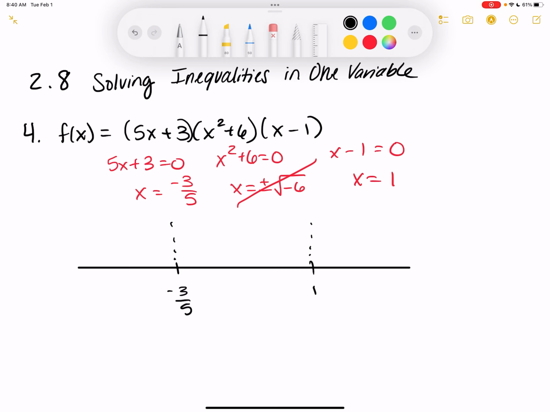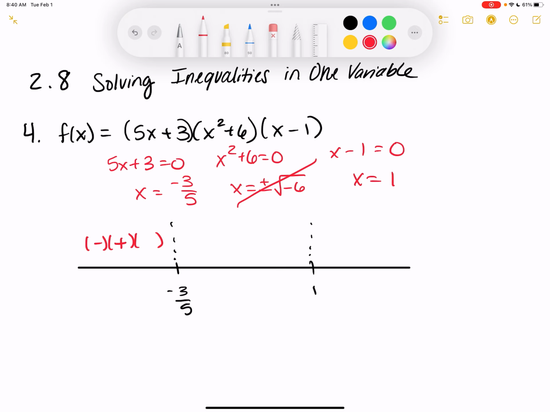All right, so take negative 1 and we're going to plug it in up here. 5 times negative 1 is negative 5 plus 3, it's still negative. So we're going to draw a little parentheses and put a negative sign. We're going to do that for each one of them. In the middle one, negative 1 squared is positive 1 plus 6, so that's still positive.